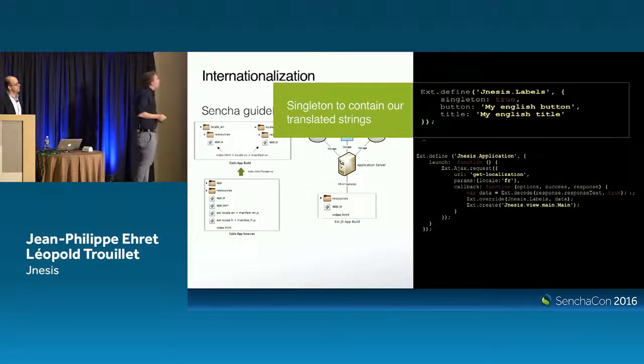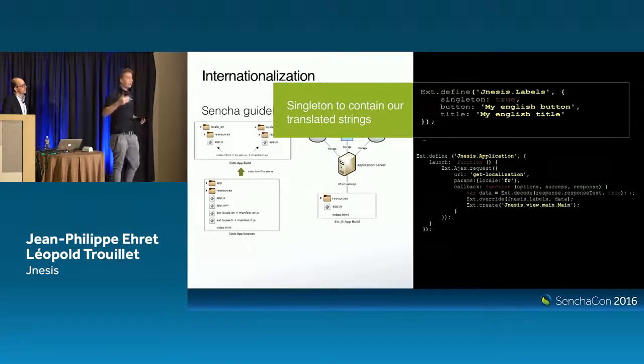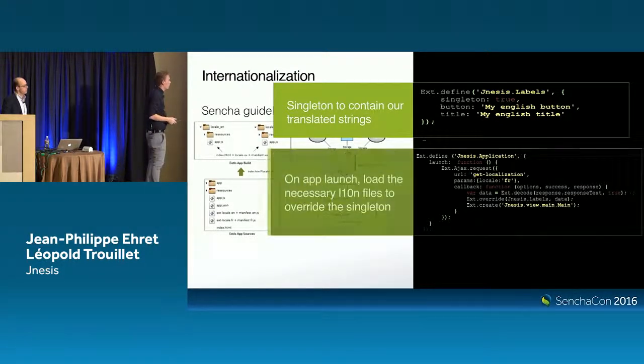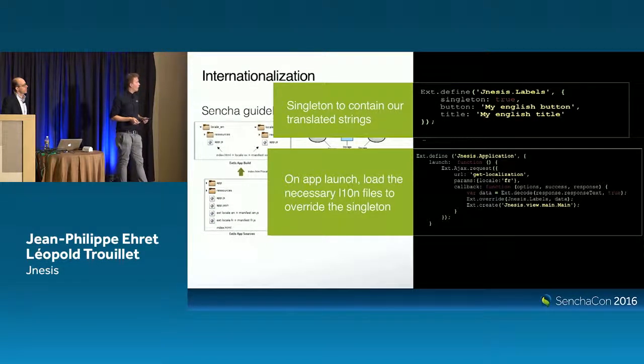So what it looks like is that you define a singleton. Let's say Jnesis labels. It's an Ext JS singleton, with all your translated strings in it. So basically, by default, it's in English. And then in your application.js, in the launch method, you will load the necessary files.